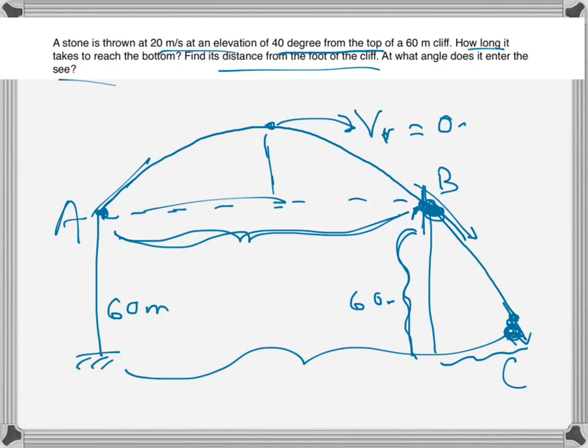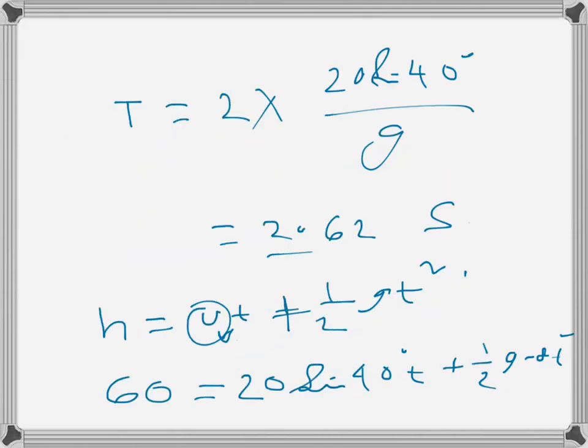The second part is to find its distance from the foot of the cliff. So from here to here, what is the distance? To find this distance, all we need is the horizontal component of the velocity times the total time. And the horizontal component of velocity does not change throughout the flight. It stays the same.